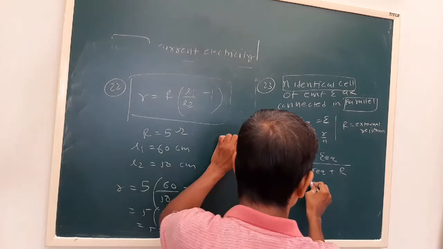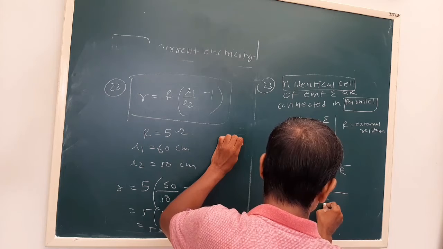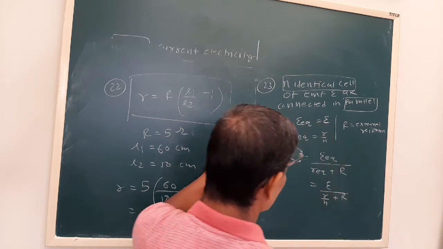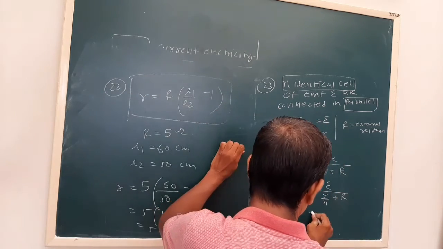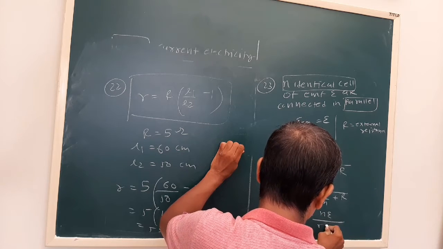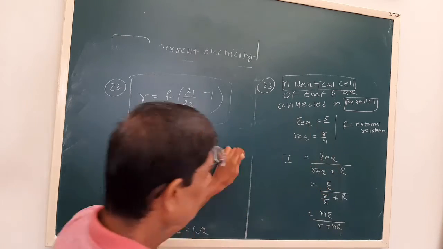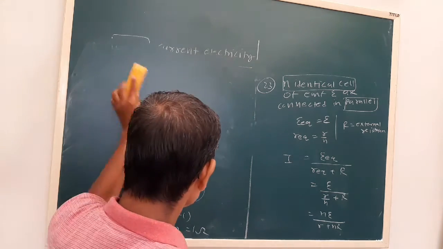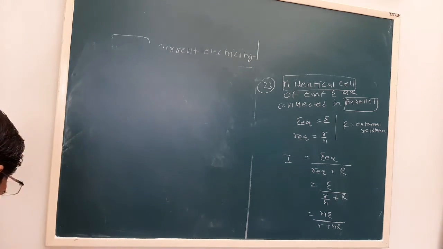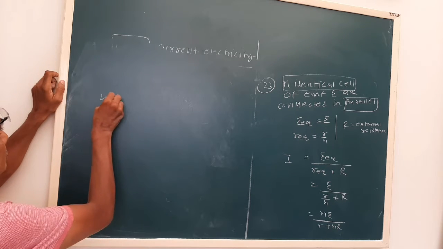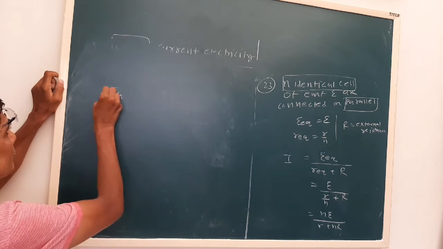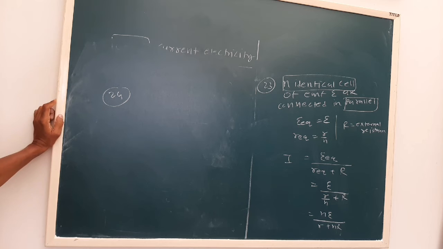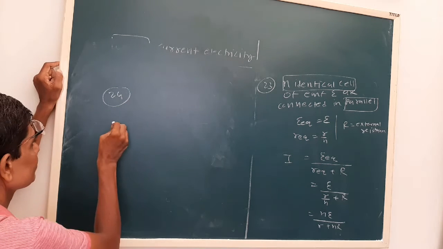So now we substitute and simplify this. n will move to the denominator, R plus r by n. This is how we can solve. Now see our next MCQ. A wire is stretched to make its area of cross section 1 upon n times.